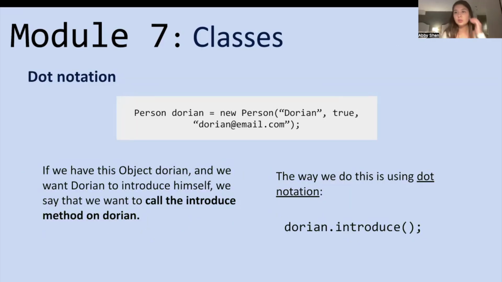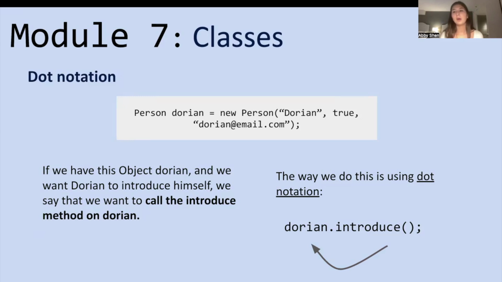Once we've created a new object, there is what we call dot notation. If we have this object Dorian and we want Dorian to introduce himself, we say that we want to call the introduce method on Dorian. The way we do this in our code is using dot notation, and for this introduce method, it would look like Dorian.introduce. That is essentially us telling Dorian to introduce himself and use the introduce method.